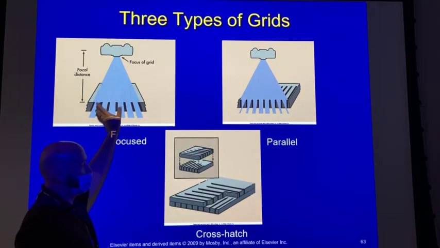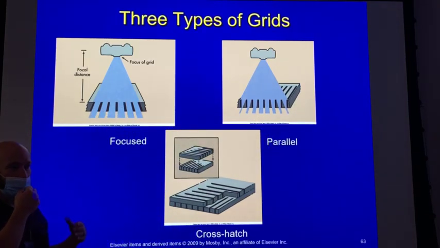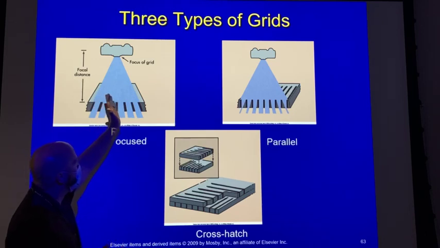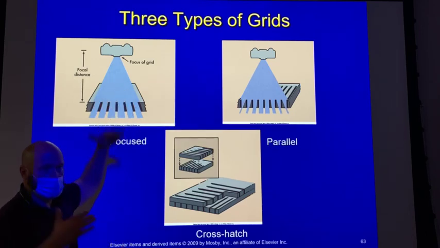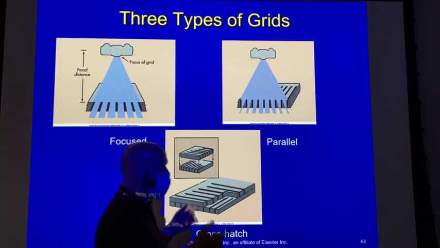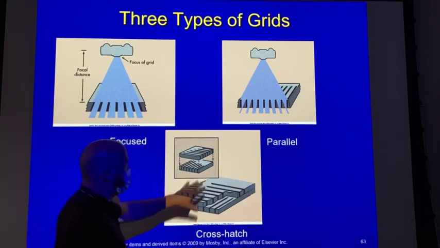So you don't really have any divergence here, but the further out you go on the grid, the more dissimilar the divergence is to the canting of the grid strips, you're going to have grid cutoff in the periphery. Okay?